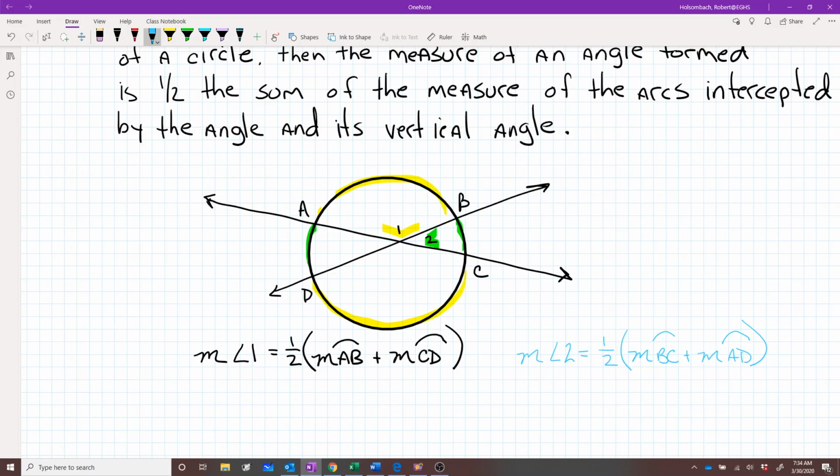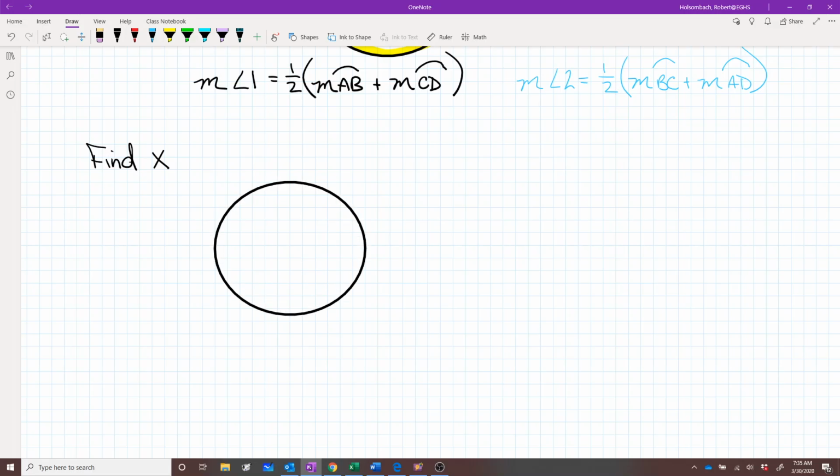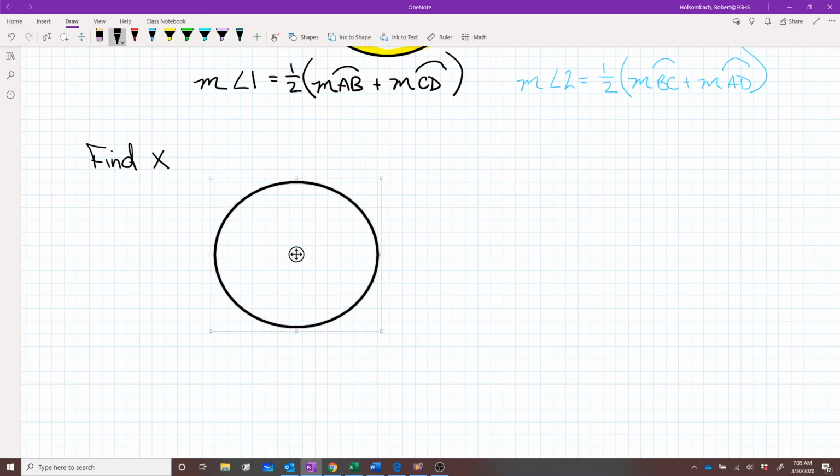So let's try an example problem. And we are going to be finding x. In this circle, we've got two chords intersecting inside the circle.